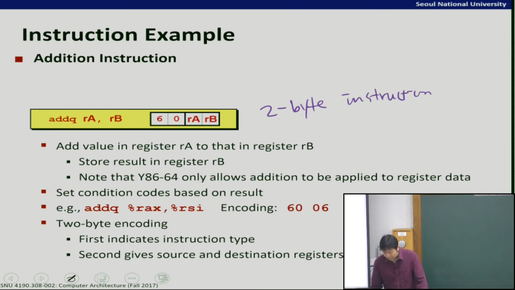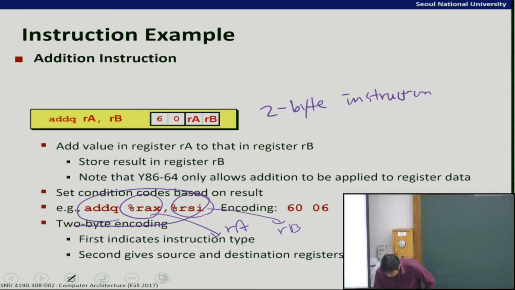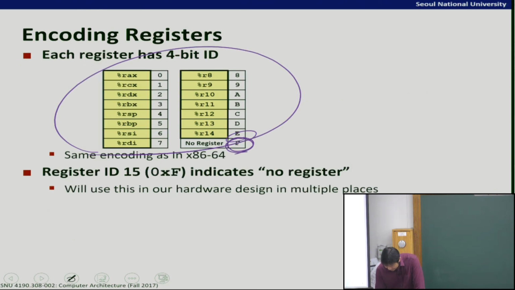So if you actually write the code, something like addq RAX RSI, then RAX is RA and RSI is RB, according to this format. So we're going to put the register specifiers for RAX and RSI into these two fields. If you go back to the previous slide, RAX has the register specifier of 0, and RSI has a register specifier of 6.